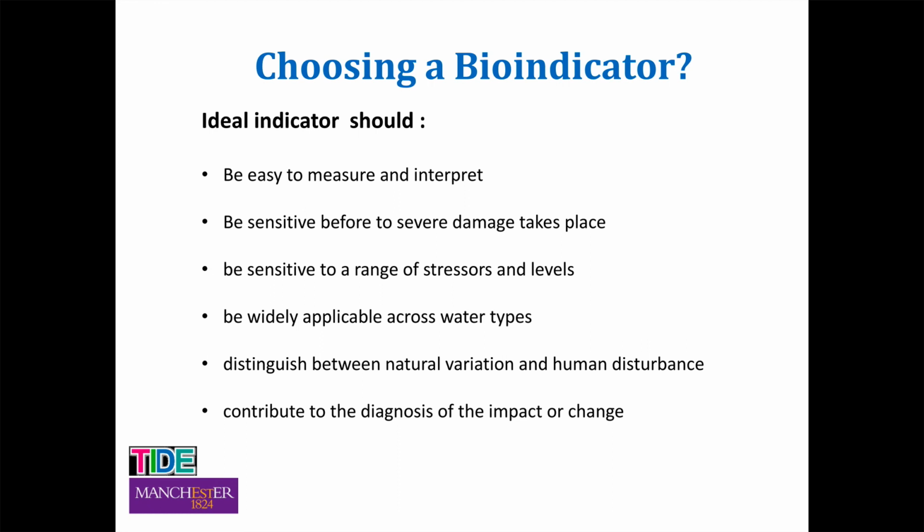You want your bioindicator to be sensitive to a range of stresses and levels, not just one pollutant, applicable across water types, different types of systems. Ideally distinguish between natural variation and human disturbance, and contribute to the diagnosis of the impact or change.